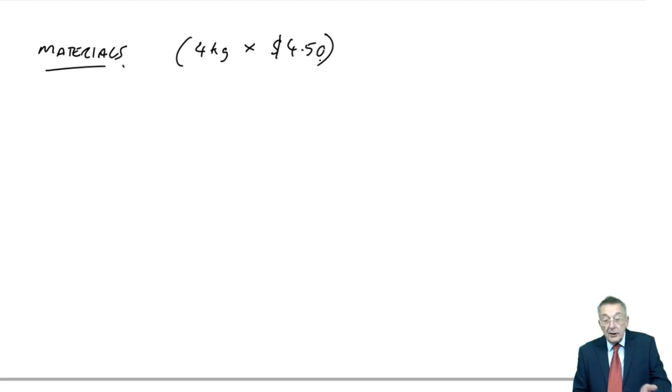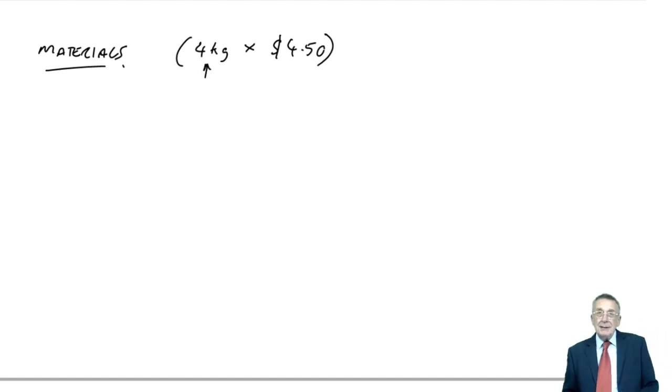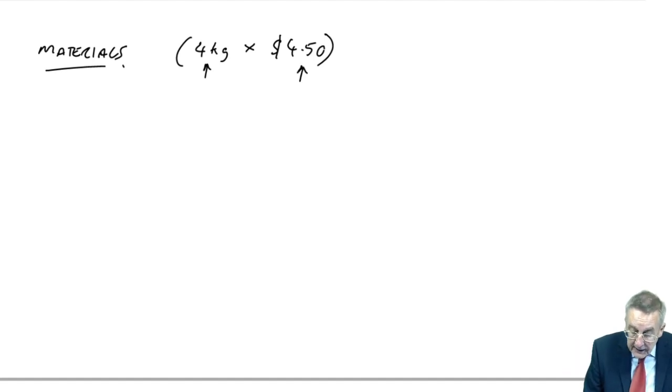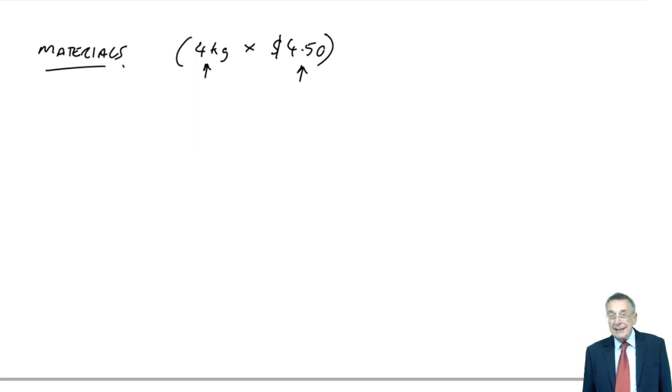And if either of those two figures end up being different, then the cost per unit will be different. And so we're going to look at the two separately. Did we use 4 kilos a unit or not? And separately, did we pay $4.50 a kilo or not? So look at the two separately.